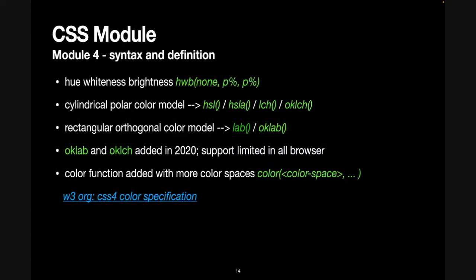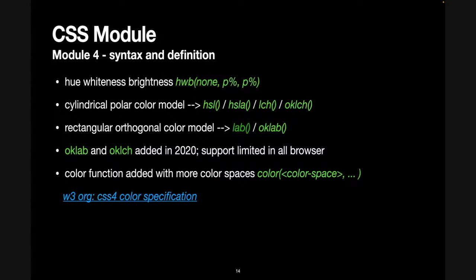So now see the module board. There is new syntax: hue, whiteness, blackness. I'll come to that later. There are two color models, the symmetrical polar model and the rectangular model, so some are Cartesian, some are based on polar coordinates.